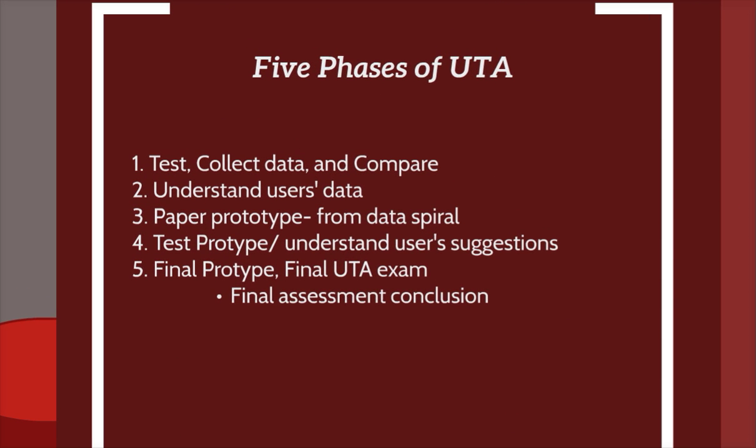So let's think about the scientific adventure we're all going to go on. We're going to start doing UTAs, user task analysis. There's 5 phases in this and 5 reports we'll all be doing together. The first is we're going to find a site. We're going to use our college's website, and you're going to pick as a team a task.